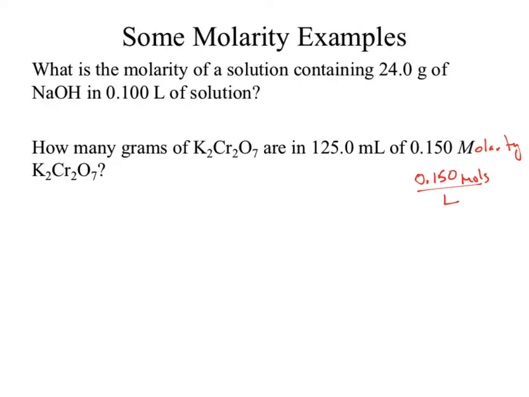I saw a couple people doing this, 0.150 moles / liters. Knock it off. The problem with writing that / liters is that you don't recognize that liters is in the denominator, and you'll end up screwing up your conversion factors. Do not write the /.